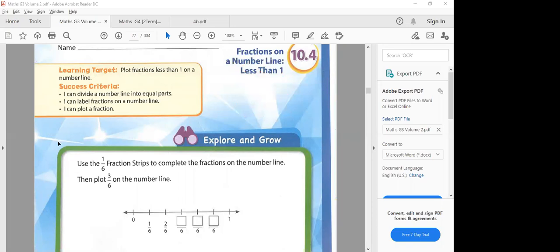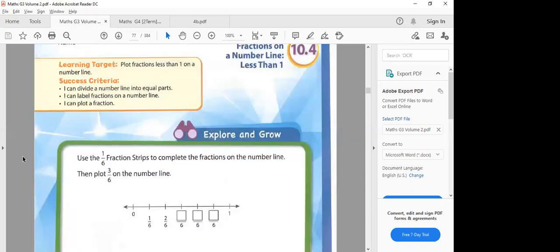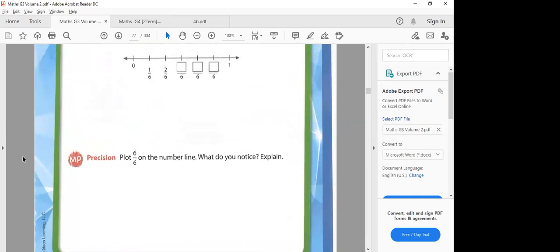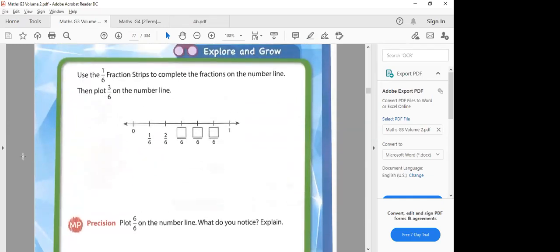I need all of you please to open your books on page 463. And let's see what about this unit or this number line. If you look at this number line, we have jumps like this.